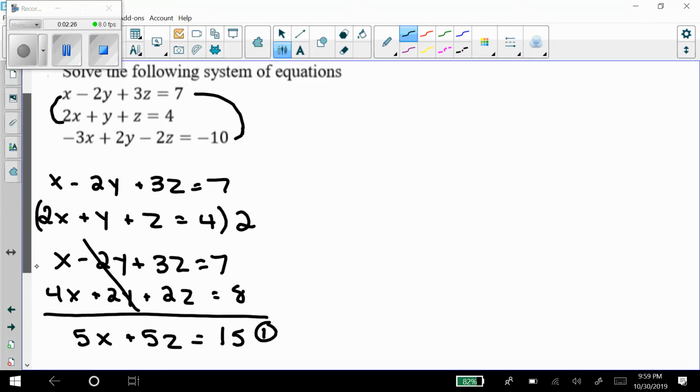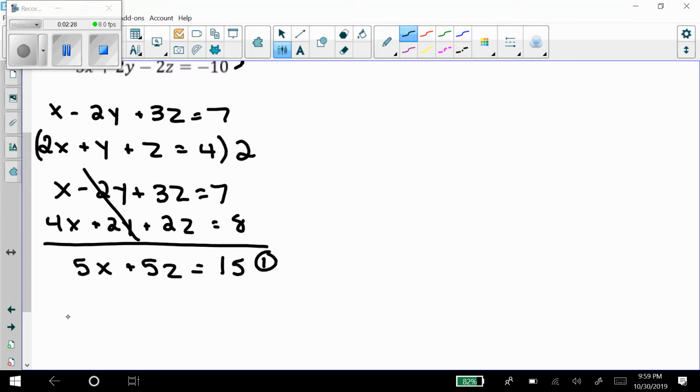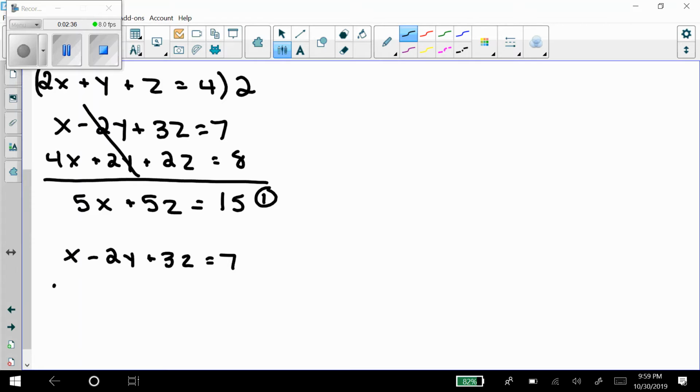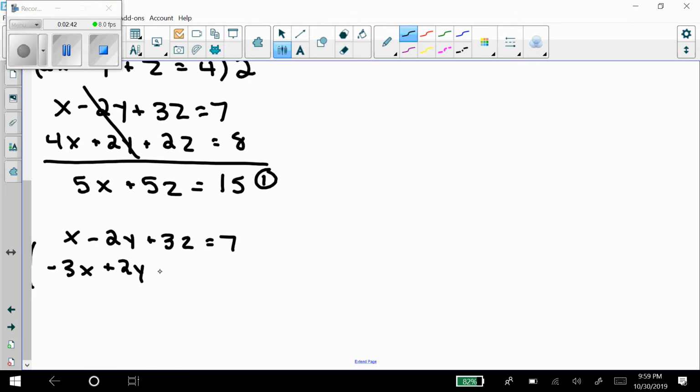Now I'm going to take my top equation, which was x minus 2y plus 3z equals 7, and my bottom equation, which is negative 3x plus 2y minus 2z equals negative 10.